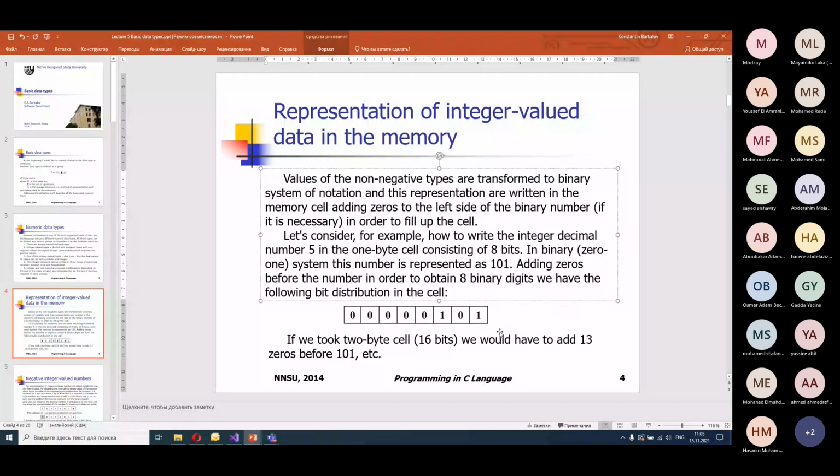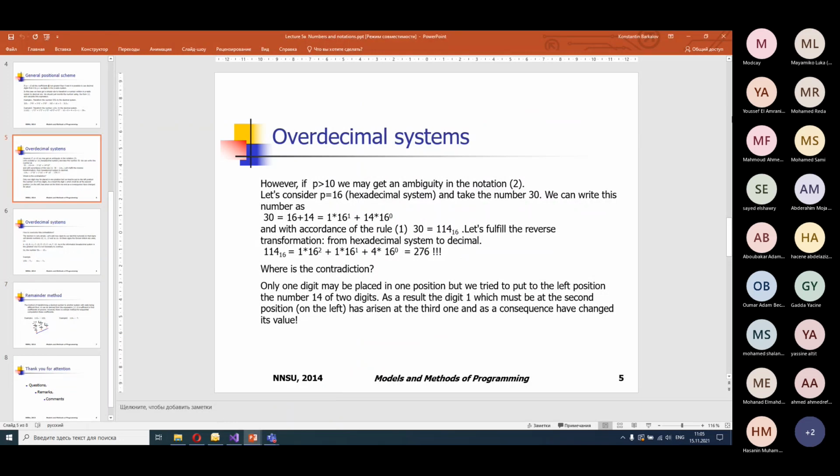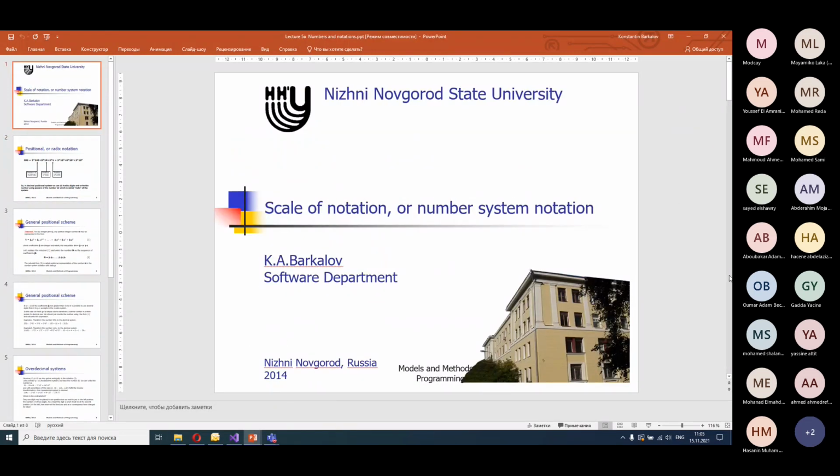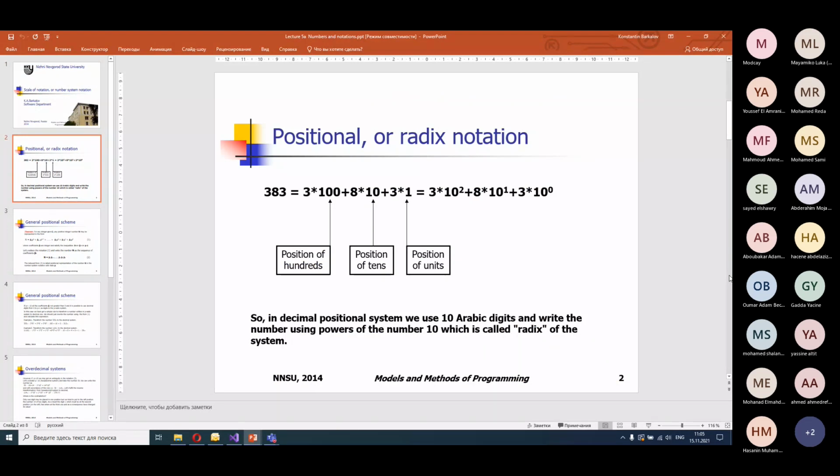I don't want to go into very great detail, but just a few remarks about different systems of notation. I open another presentation. I will send you both of these presentations, both of the slides, at the end of the lesson.